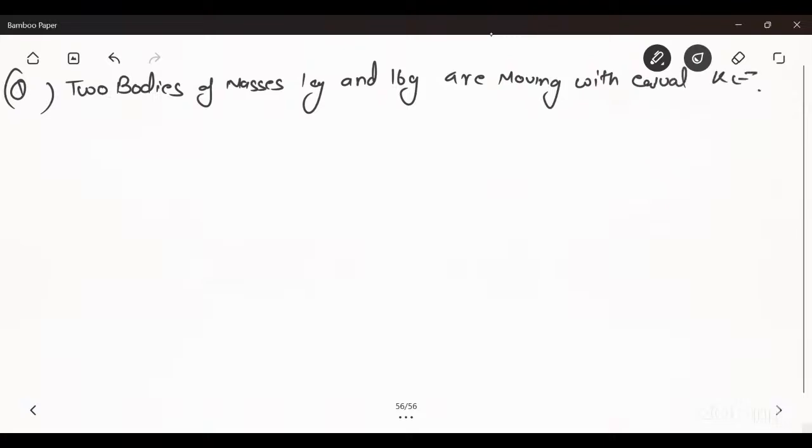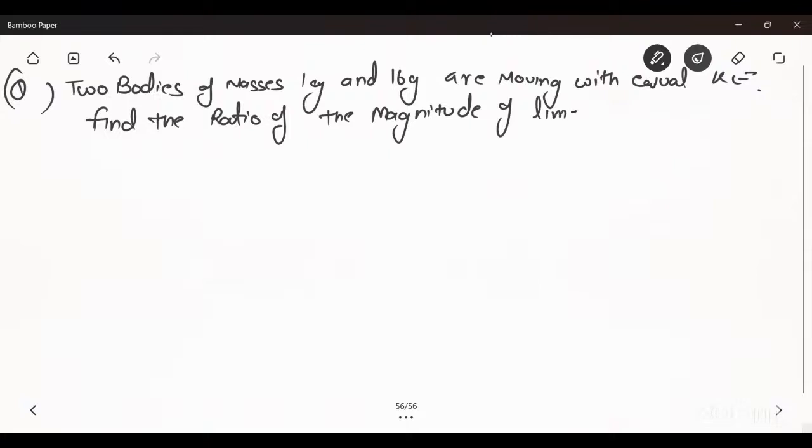Find the ratio of the magnitude of linear momenta. Momenta is the plural of momentum. Linear momenta. Now see the solution.